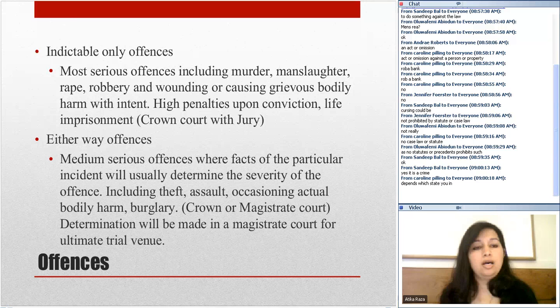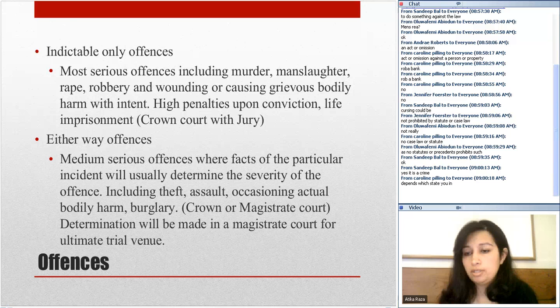Second, down the list come either way offenses. The seriousness is medium. The word that's used in your textbook is medium. Medium serious offenses, where the facts of the particular incident will usually determine the severity of the offense, which means how serious the crime is. It may include theft and assault.